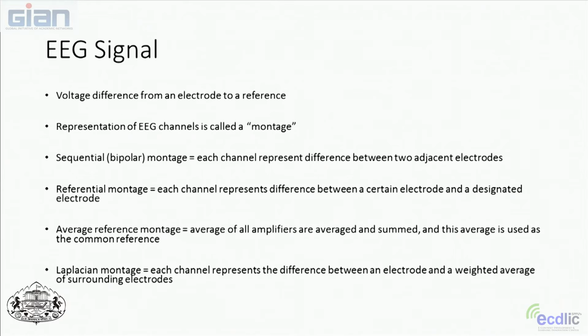And the way that we set these electrodes up on top of the scalp is called a montage. So that montage is basically how you are setting up the electrodes. And there's different ways that people do this. So you could do a sequential or a bipolar montage.